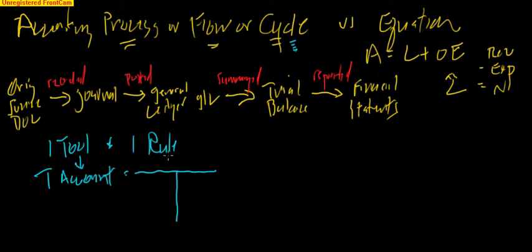And up here I say, what is the impact on the cash account? I could draw T accounts for each account: cash, and also sales revenue of sneakers.